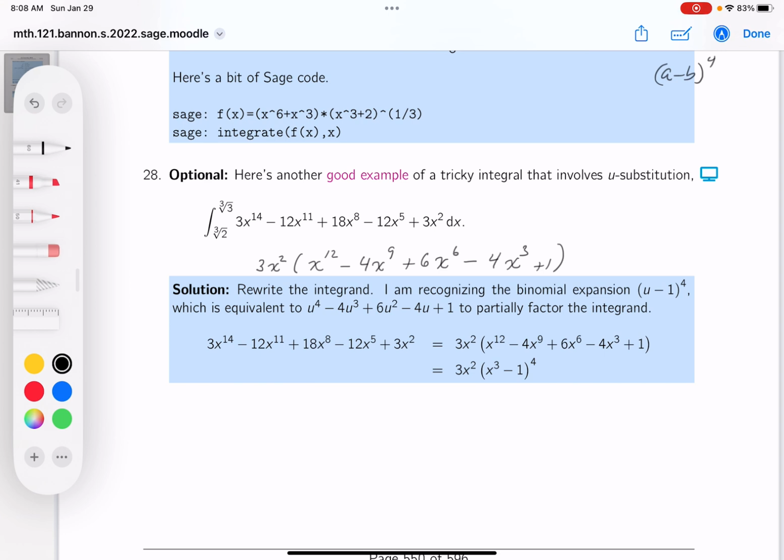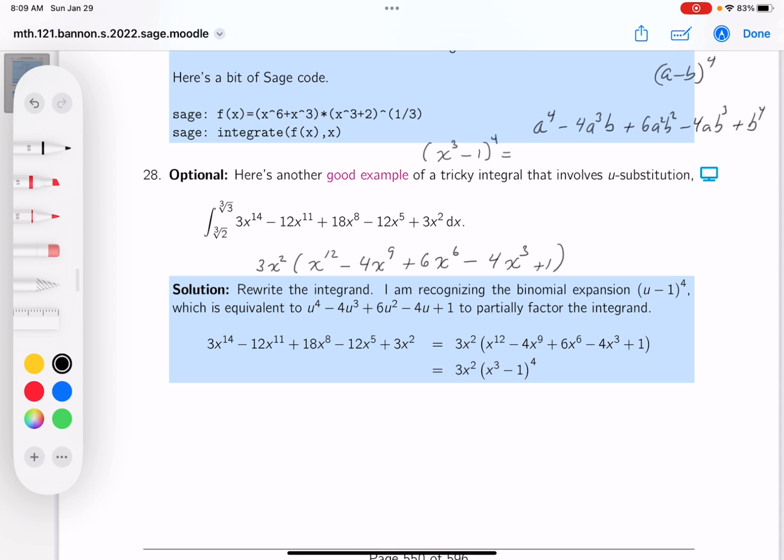This would be a to the 4th minus 4a cubed b plus 6a squared b squared minus 4ab cubed plus b to the 4th power. I think I'm seeing it. It looks like x cubed minus 1 to the 4th power.